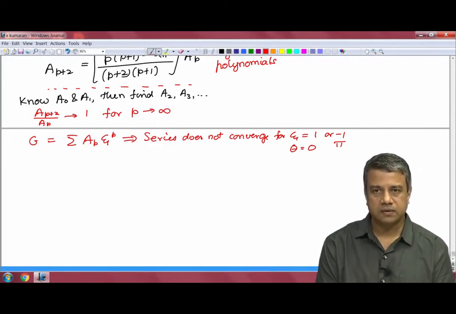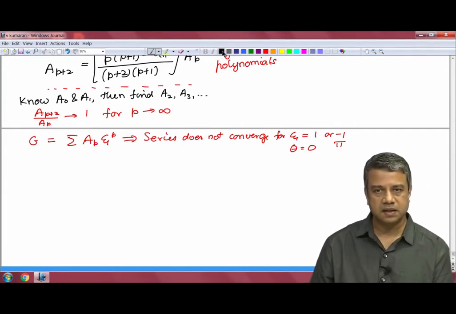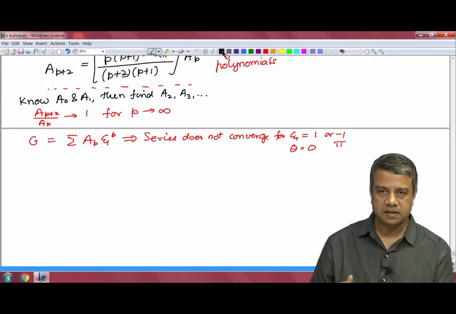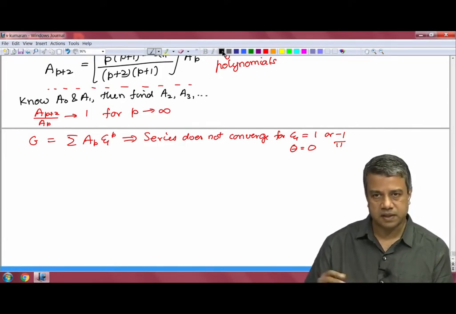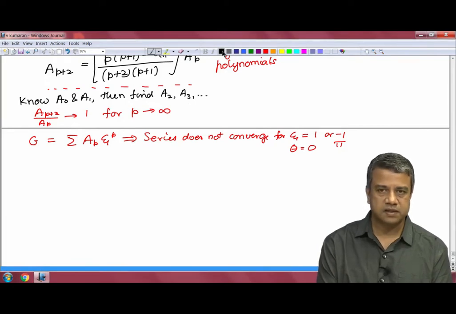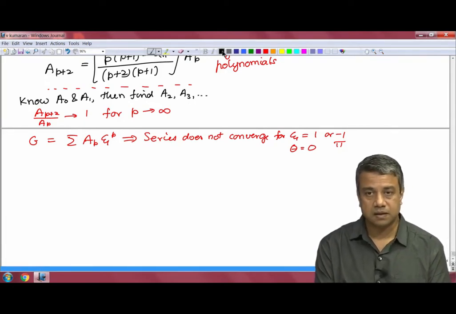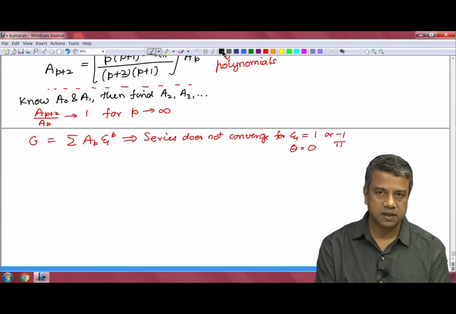So obviously, you do not get finite results for the series at psi equal to plus 1 or minus 1. Of course, if psi is less than 1, then the series converges, because the ratio of successive terms is less than 1. But at 1 and minus 1, which are the boundaries of the domain for psi, or at theta equal to 0 and pi, which are the boundaries of the domain for theta, this series does not converge.